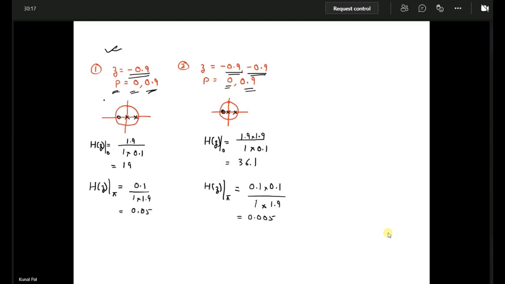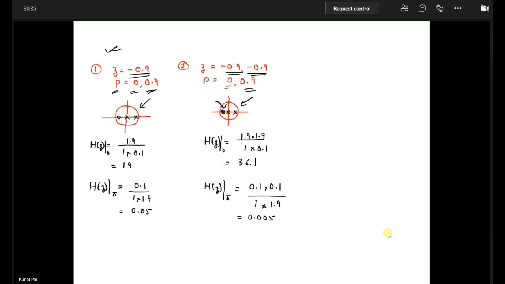Over here, if you see, this is the pole-zero plot in the first case. In the second case, over the 0, we have placed another 0.